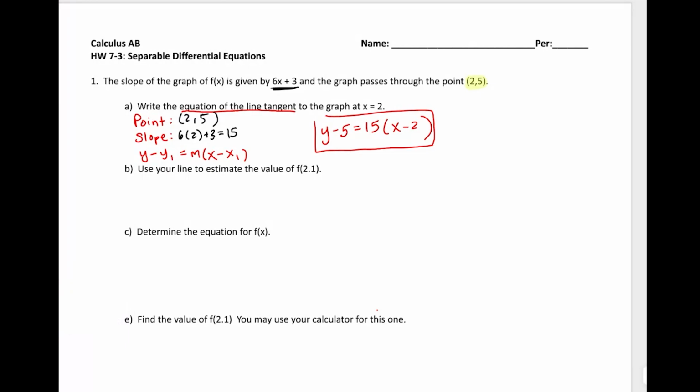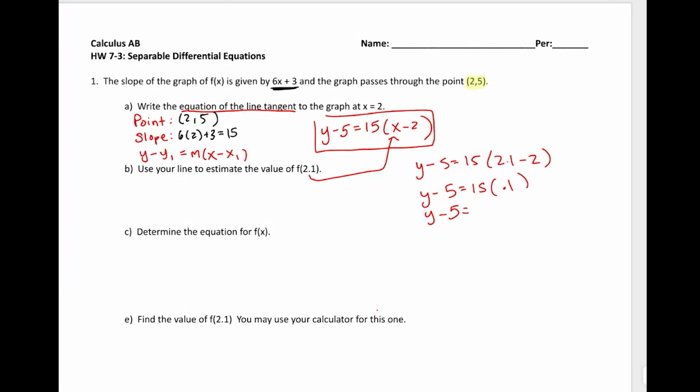All we need to do is substitute in 2.1 into x and then solve for y, and we should have our estimation. So y minus 5 equals 15 times 2.1 minus 2. 2.1 minus 2 is going to be 0.1. And this would be a question that I think would be fair game for a non-calculator portion of the test.